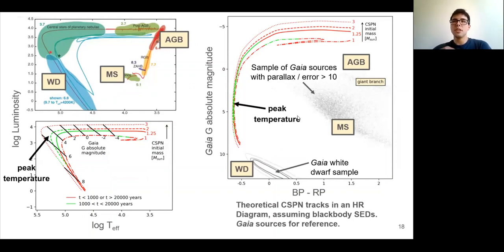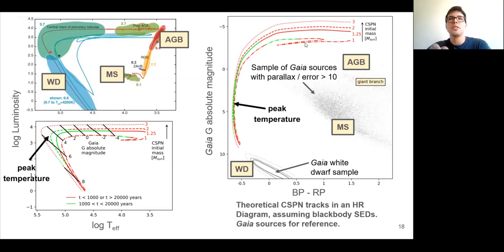And what you see if you project these tracks into a magnitude diagram is that the first stage of evolution, of constant luminosity to higher temperature, actually appears as a dimming in terms of the visible absolute magnitude as more and more of the flux goes into the ultraviolet.